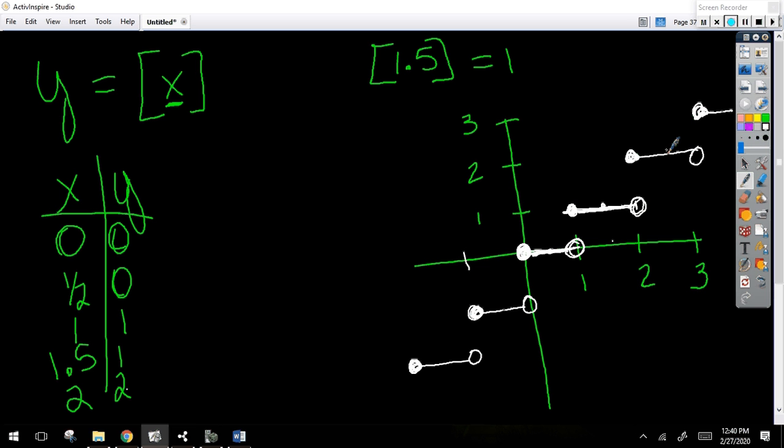How about, and this one we're going to have to write a little bit differently too. How about the domain? Well, actually, domain we want to write differently, but range we will. I can plug anything in, right? I can plug any x value in. It's what it spits out that's really different. What does my range look like?